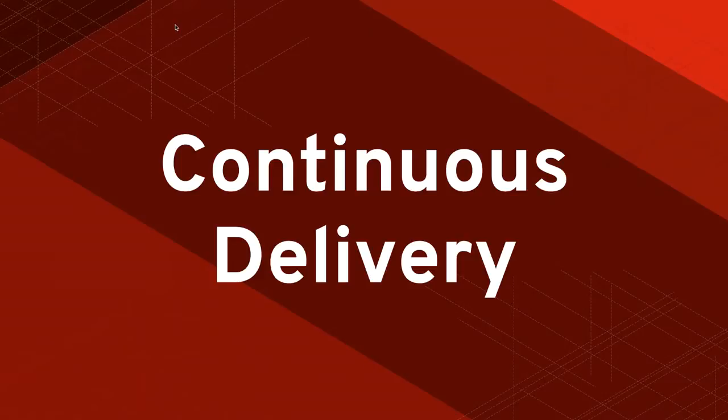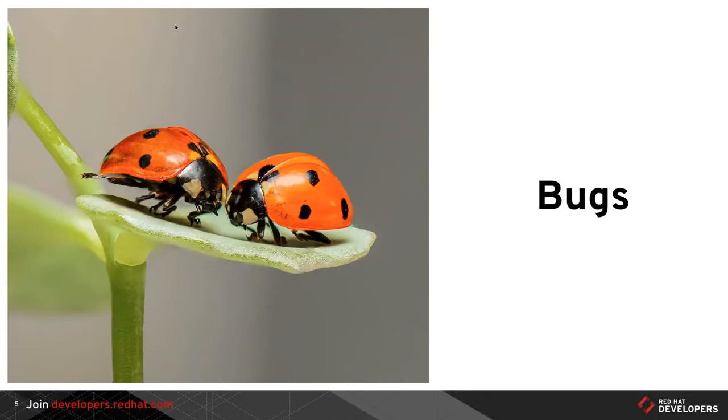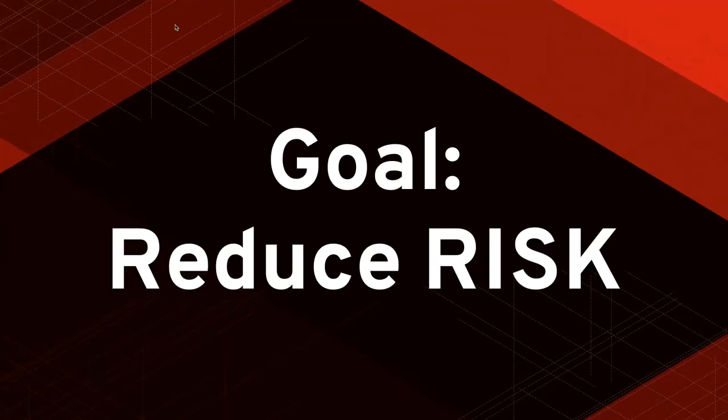But so far, for everybody doing DevOps and continuous delivery, the main goal of trying to establish a continuous delivery pipeline was to try to reduce the bugs that we were deploying to production between each one of our releases. So the main goal of that was to reduce risk.